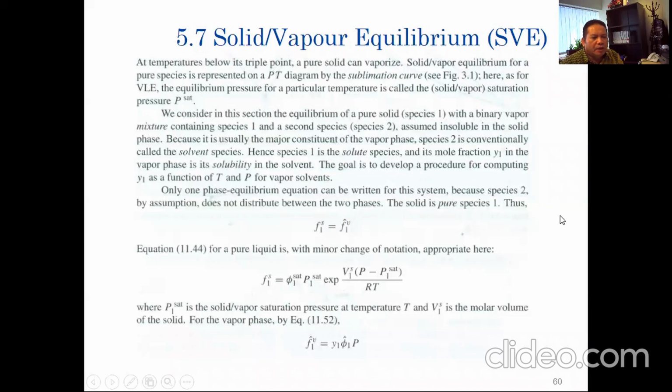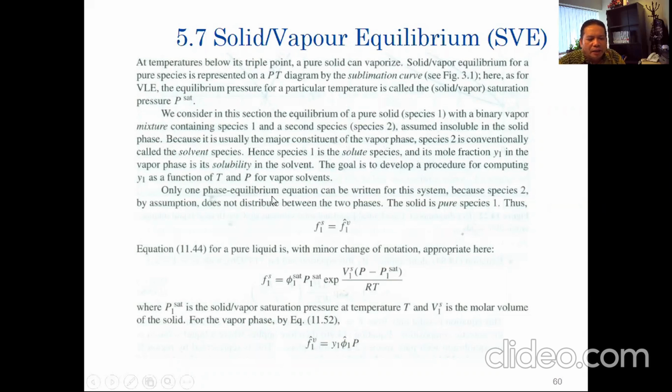For solid-vapor equilibrium, SVE, some solids can go straight to vapor. This is called sublimation, which was studied last semester. How can we relate the two?